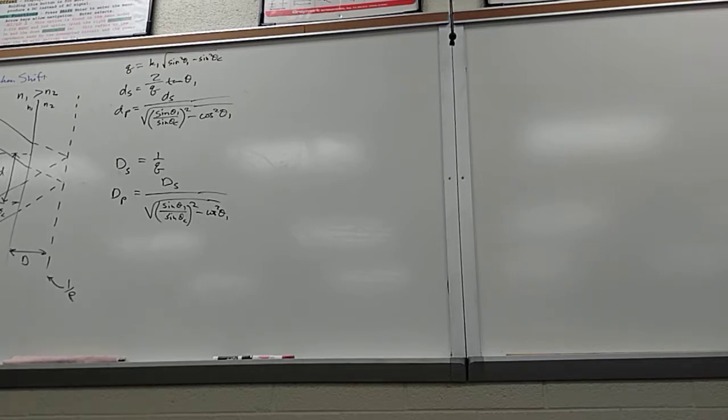Now, we've already got an idea of how big D is, right? Very small. Really small. Maybe a few hundred nanometers. So is this only true for total internal reflection, or is this shift true also for just the reflection when there's still transmission?